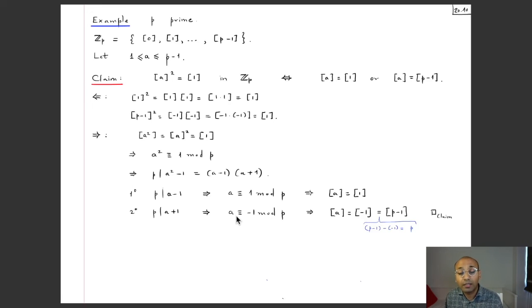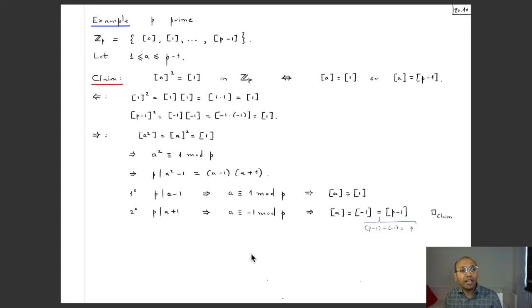So it follows that the equivalence class of A is the same as the equivalence class of minus 1, and we had just seen that the equivalence class of minus 1 is the equivalence class containing P minus 1, and so we have got this. So if this holds, then we have also seen that this statement holds, and so we have proved our claim.